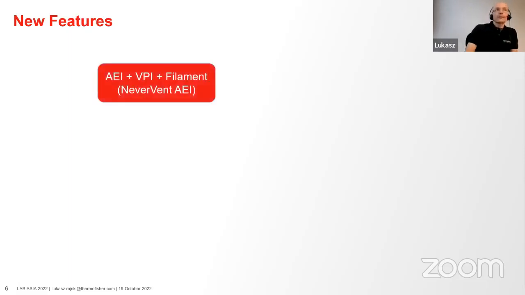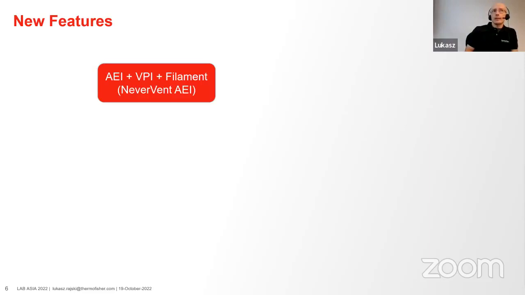Let me start from the hardware. First of all, we have a never vent AEI. What is never vent technology? Never vent technology is something that you may know from previous generation of our instruments. However, previously never vent technology was available only with our standard ion source with extractor.